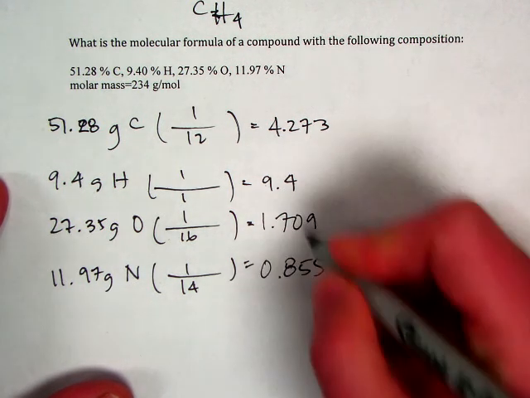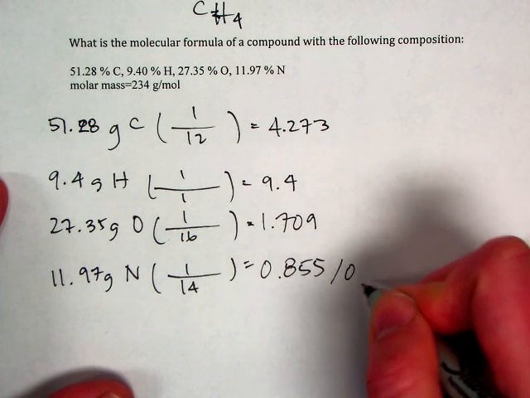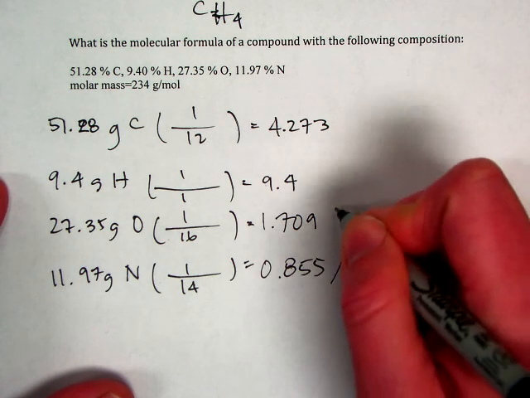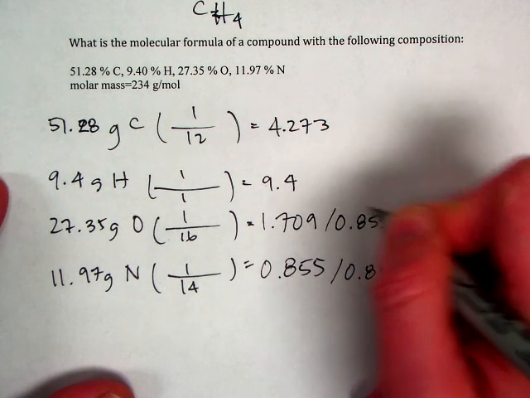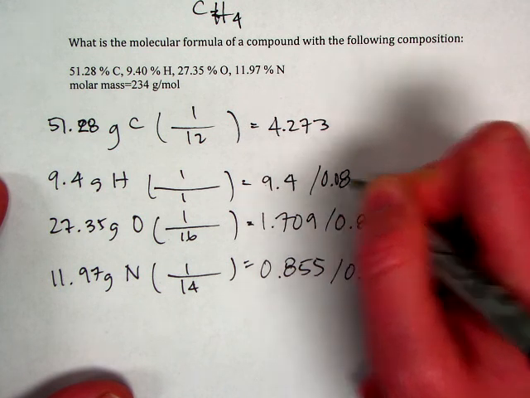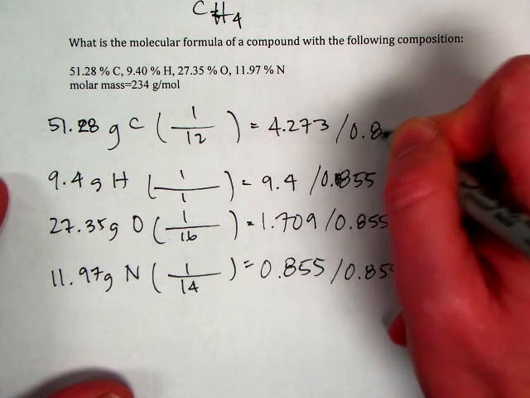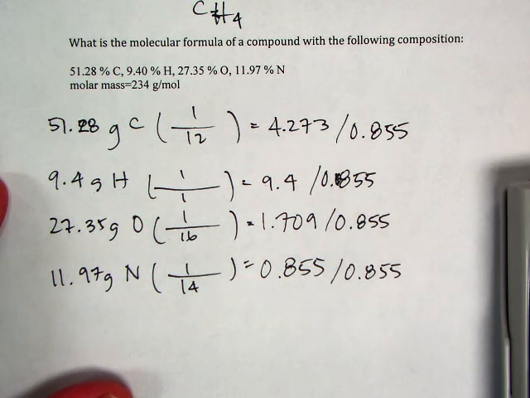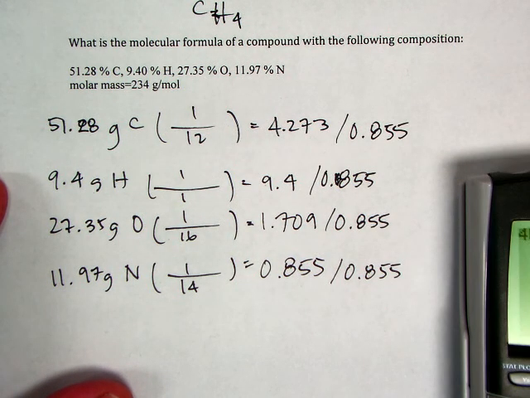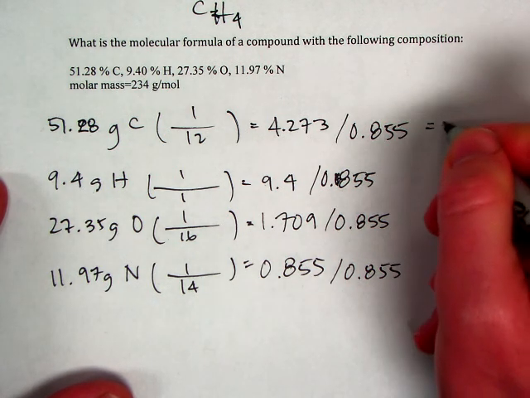Now divide all of them by the smallest number, which is 0.855. Okay, so let's start at the top there. 4.273 divided by 0.855 equals about 5.